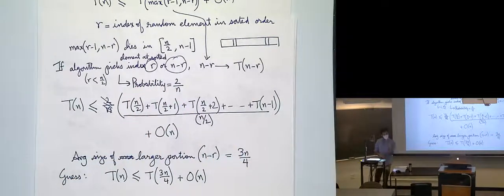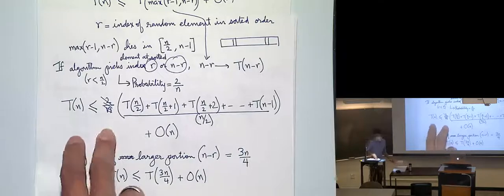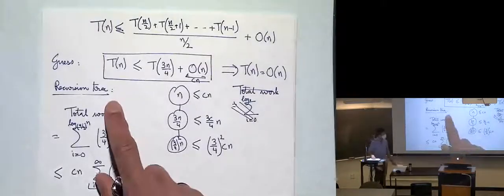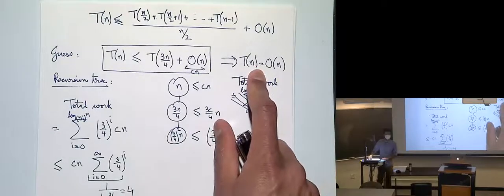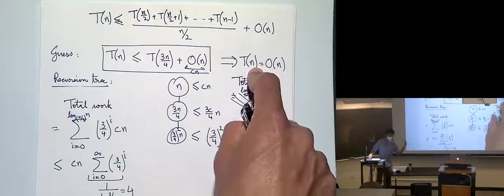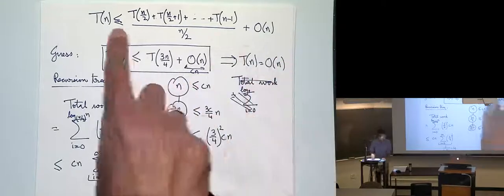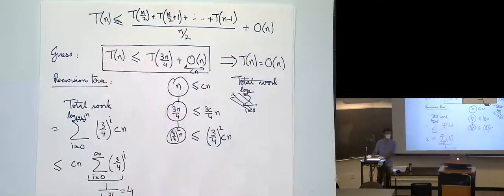The running time of the average size is the average running time, which is incorrect, but we'll make this as a guess. And we guess that t of n is at most t of 3n over 4 plus O of n. Guess this recurrence using our favorite recursion tree. You get that the answer is O of n. Now to complete the argument, we have to verify that O of n is correct by induction.